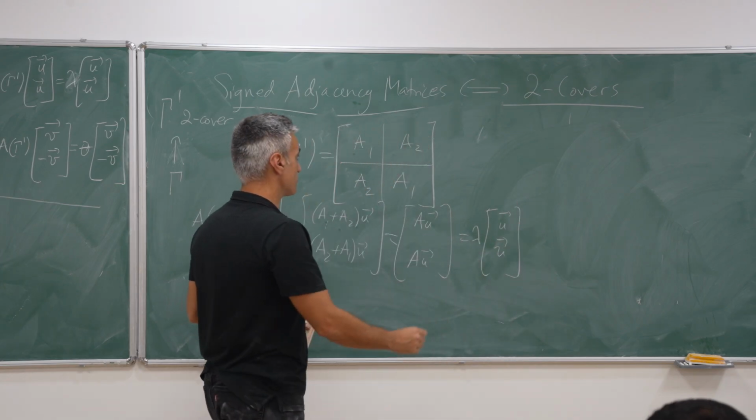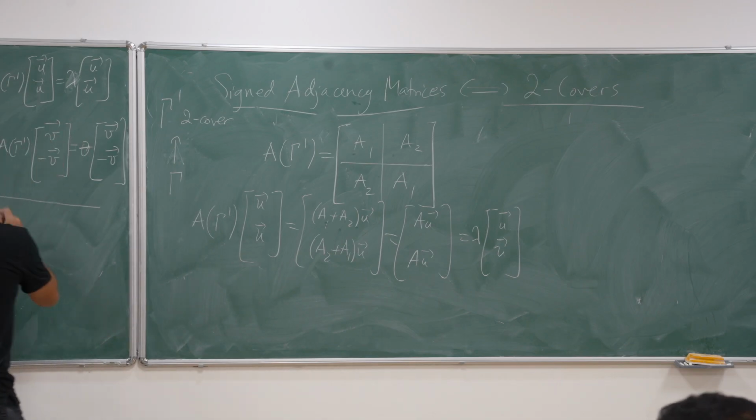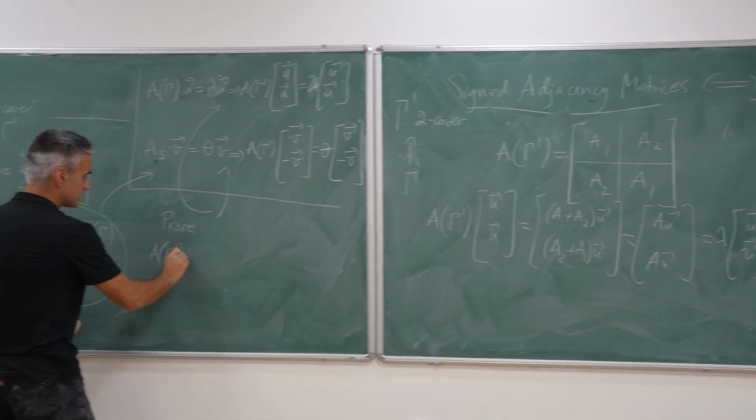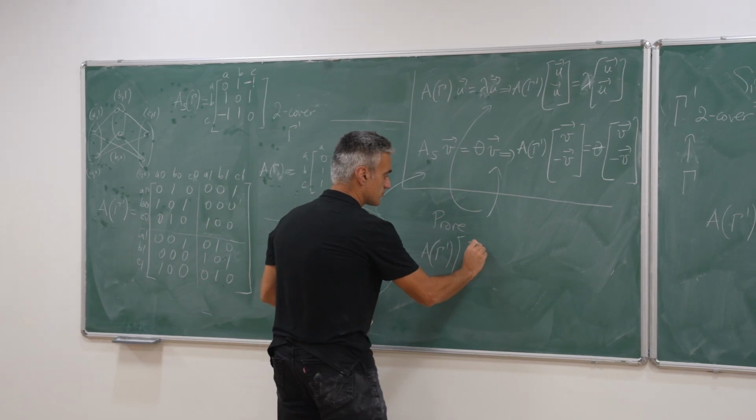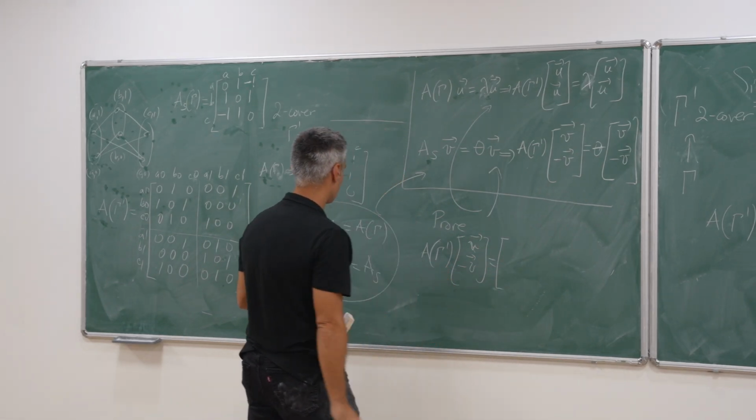And the other one, if I have this other one, if I have A gamma prime times V, minus V, this will be what?